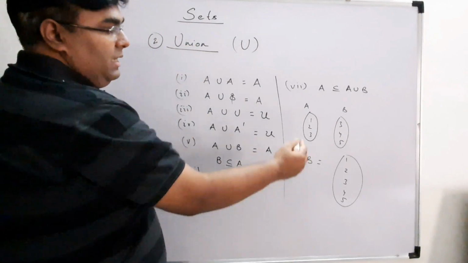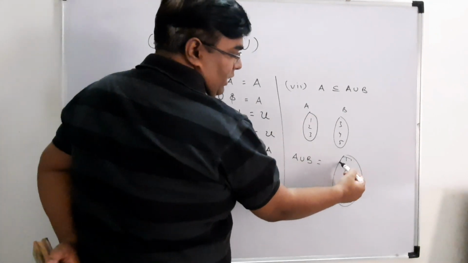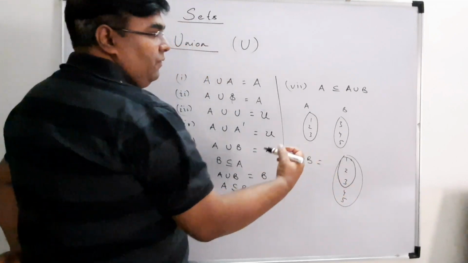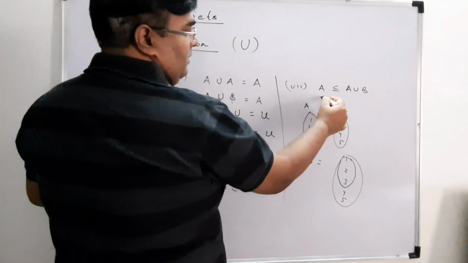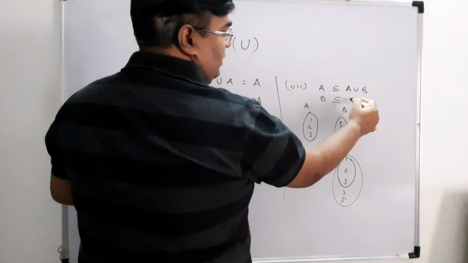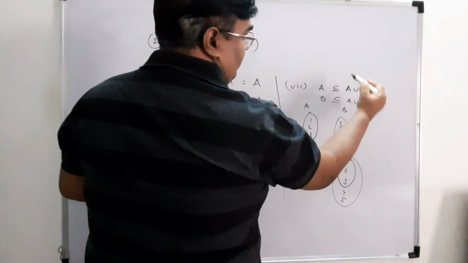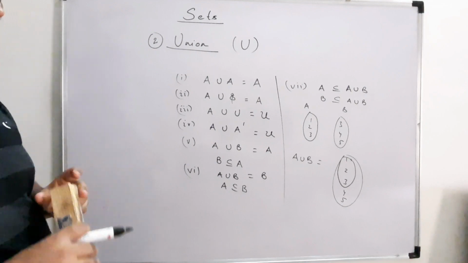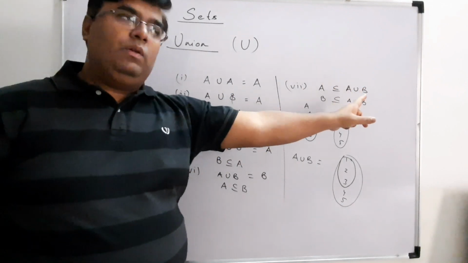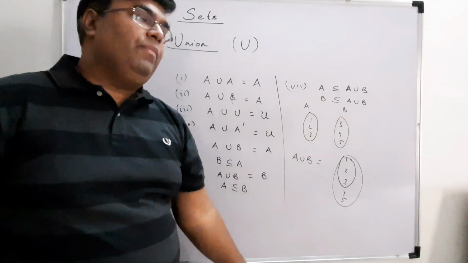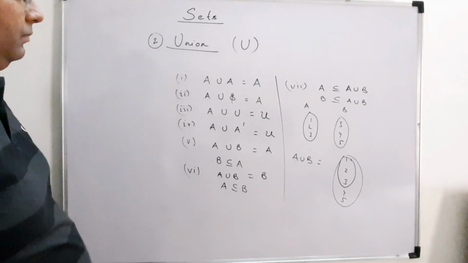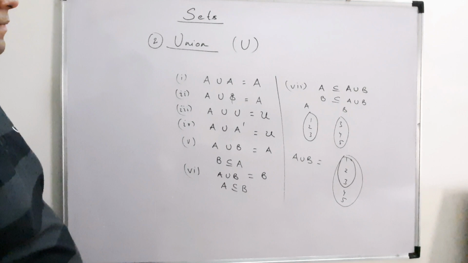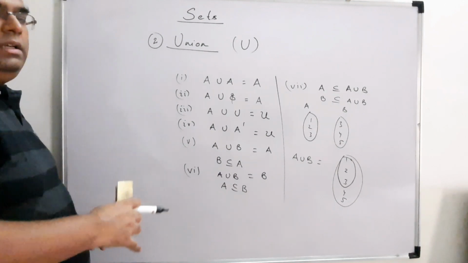And A is 1, 2, 3, so A is a subset of A union B. Similarly, B is a subset of A union B. So A is always a subset of A union B, and B is also a subset of A union B. Right? So these are the properties of union.